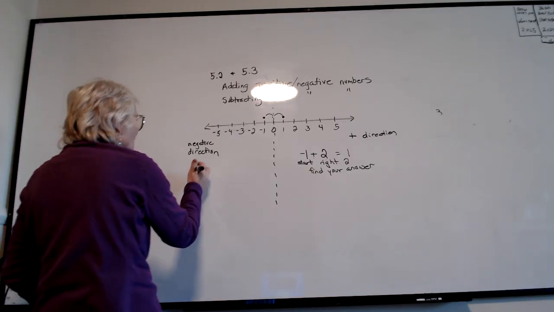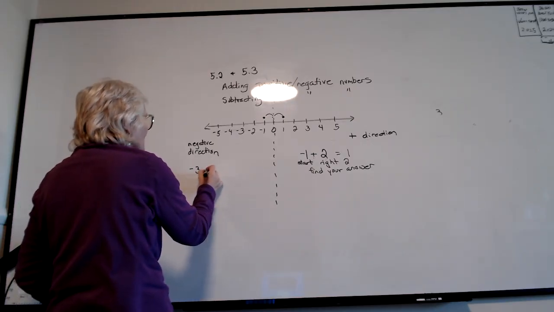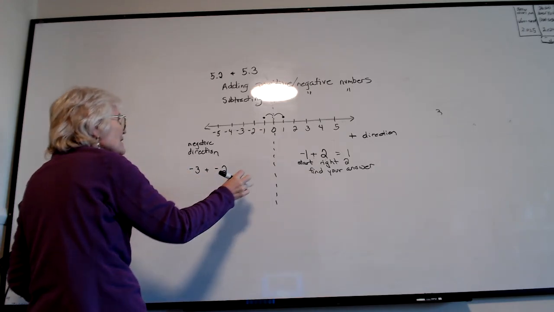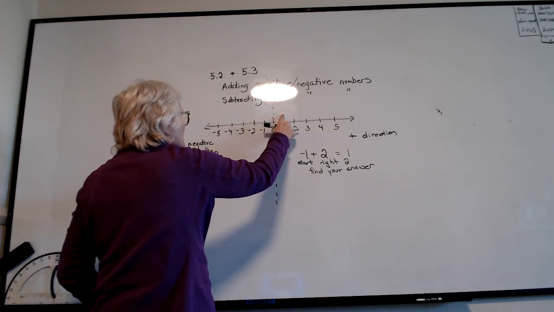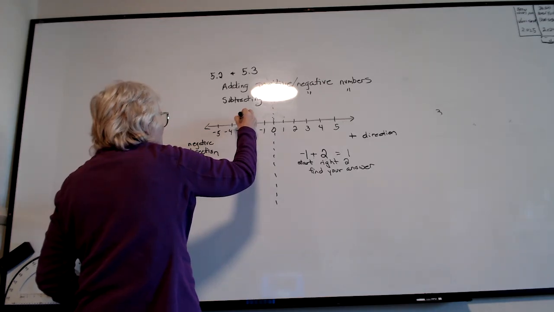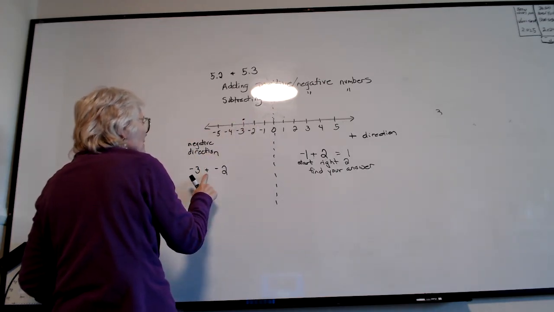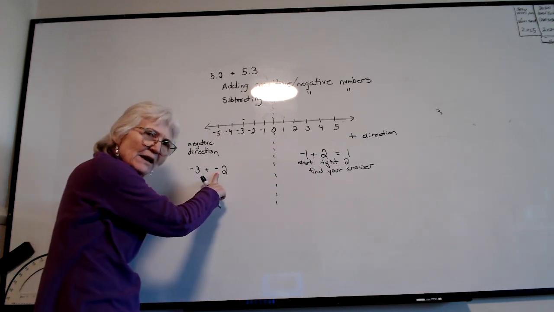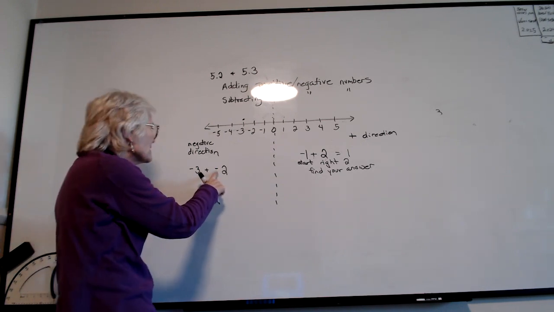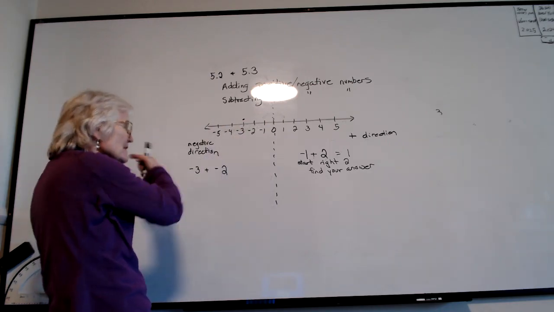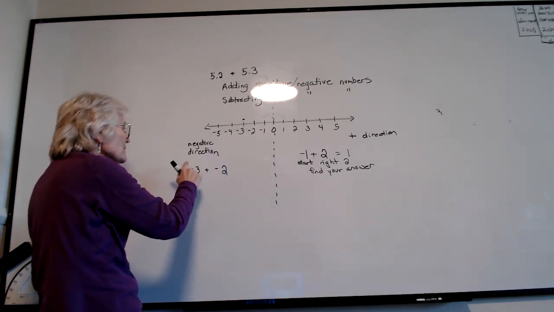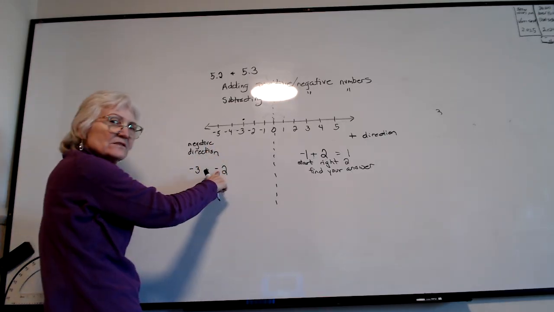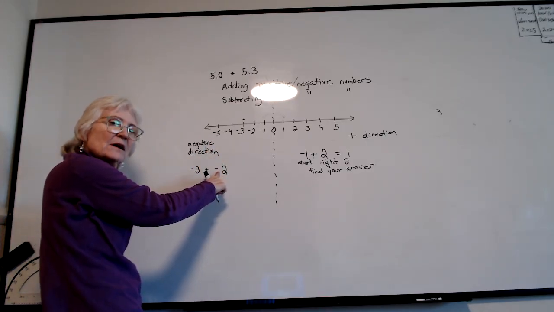Okay. If I have -3 plus -2, that says I'm going to start at -3 right here. I'm going to go to the right, but then it says no, switch around, go to the left, because a negative direction's always this way. So I'm starting at -3, but then I'm going to the left 2 because that's a negative number.